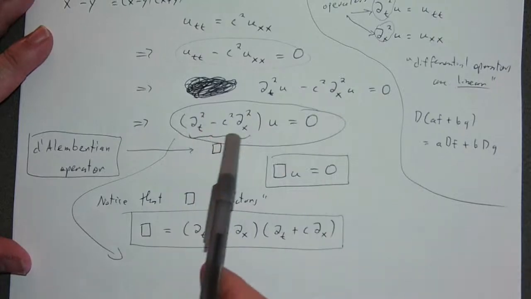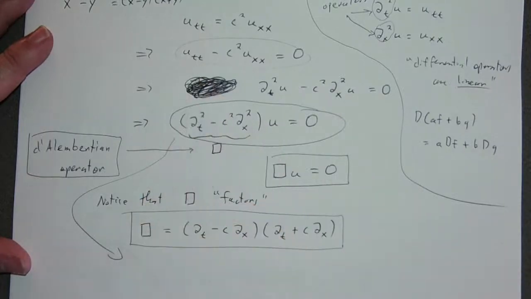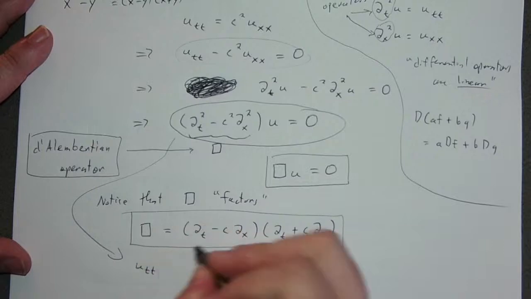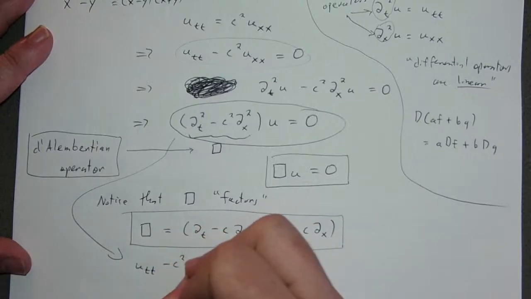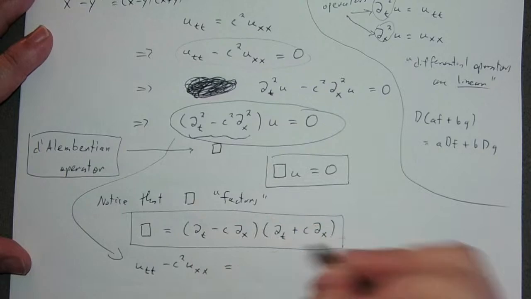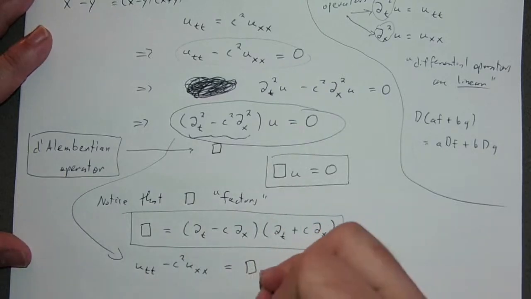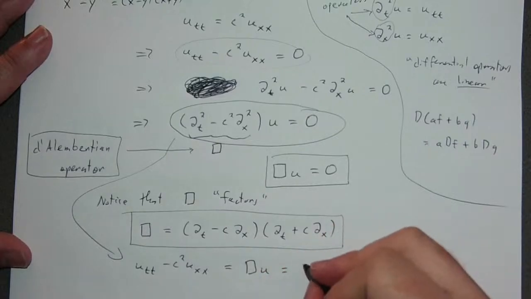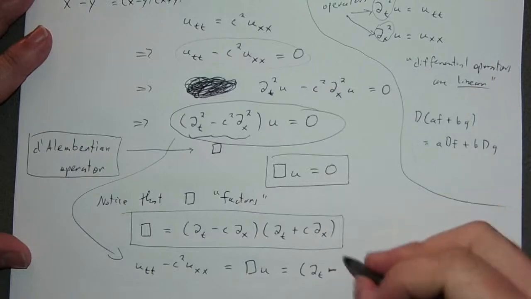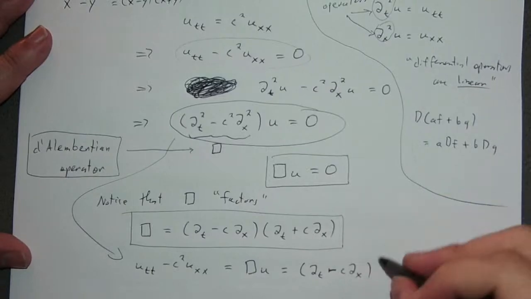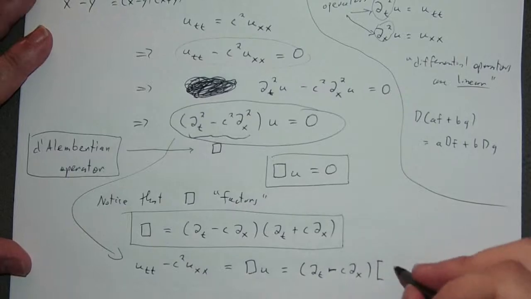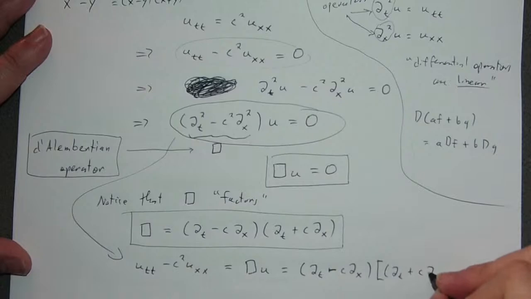It means that box u, my original wave equation, u sub tt minus c squared u sub xx, that's really box u, which is really the operator del sub t minus c del sub x applied to del sub t plus c del sub x applied to u.